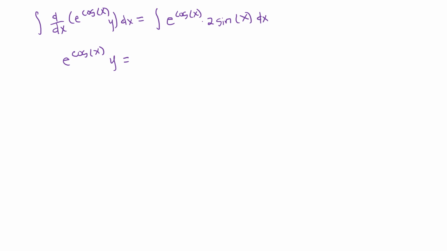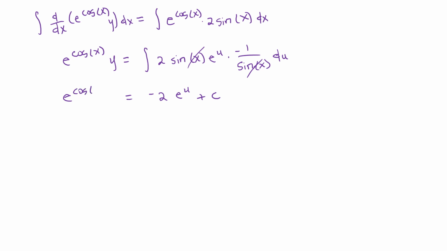Then we'll have 2 sine x times e to the u times negative 1 over sine x du. So, in simplifying, we will then have negative 2 e to the u plus c. The signs cancel. And then e to the cosine of x times y on the left-hand side.